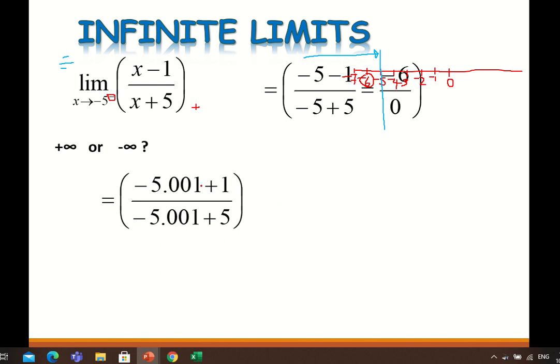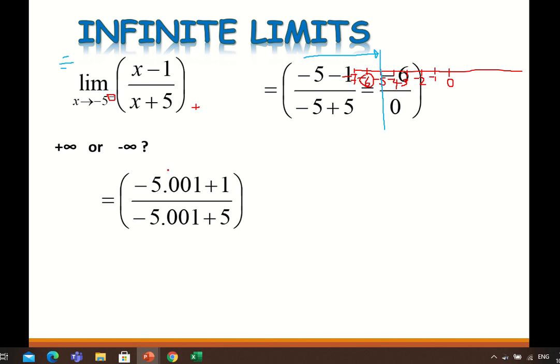We are moving to the right, but if you look at the values, the value on the left side of -5 is a growing number, but it's negative.